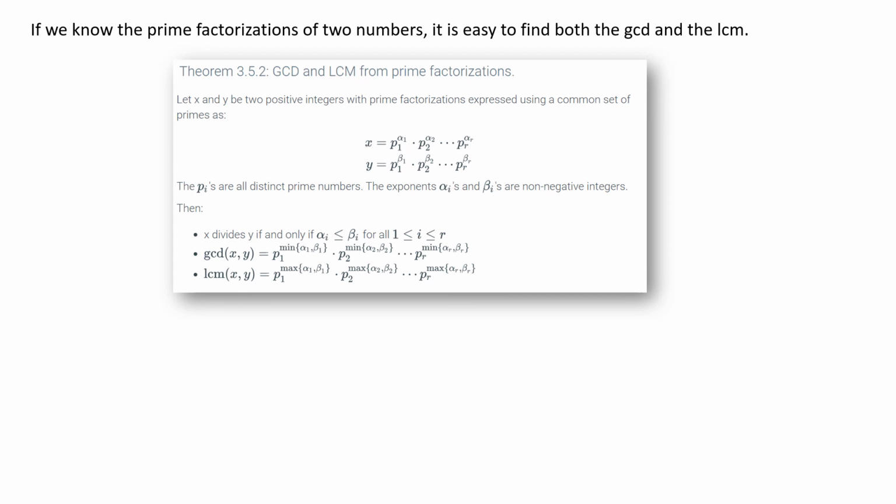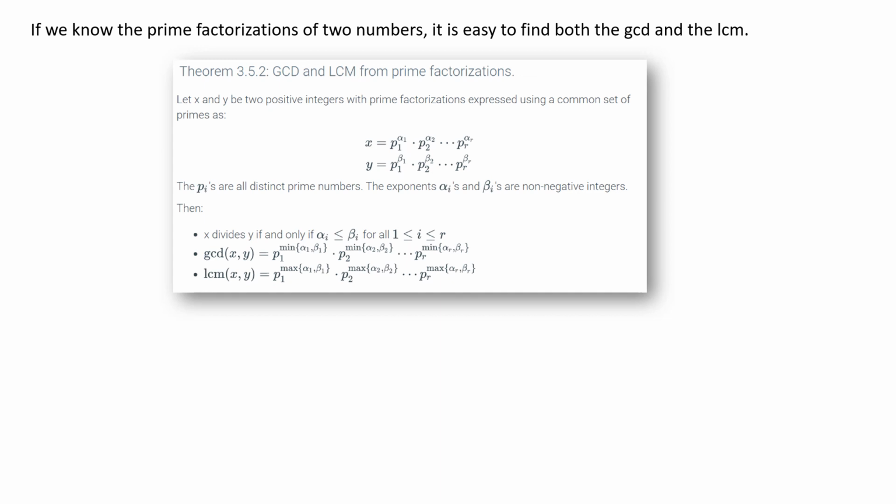Then it says the p sub i's are all distinct prime numbers. The exponents alpha sub i's and beta sub i's are non-negative integers. So we're going to possibly have some exponents in our prime factorizations.